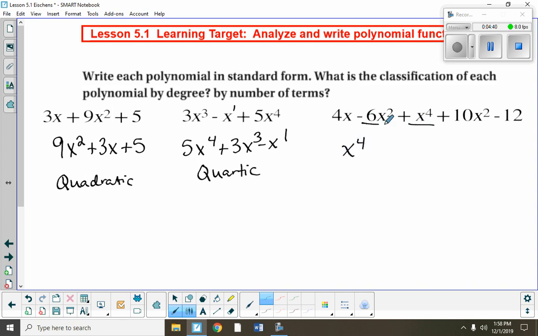And we have minus 6x squared plus 10x squared, so we'll combine those. So that would be a positive 4x squared because 10 minus 6 is 4. And then we have 4x, and then we'll end with the constant, which is negative 12. And this is also a quartic function, and it's a polynomial with 4 terms.